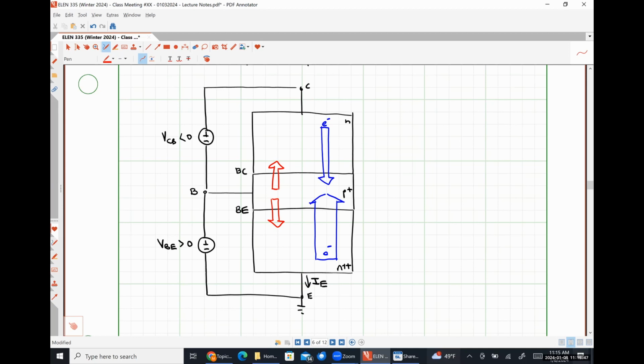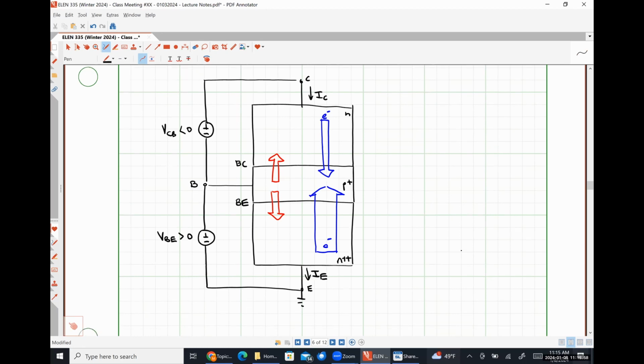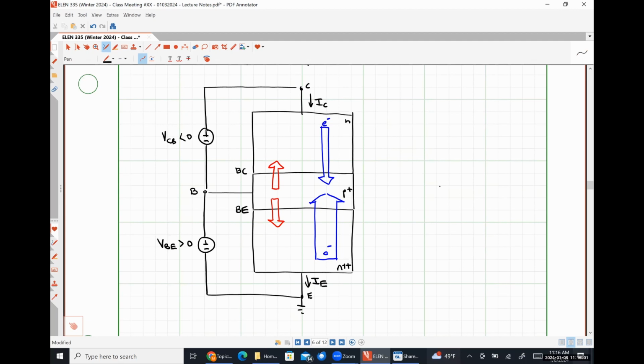So we're going to have some collector current, IC, and it will still have a net direction down. But now our collector current will have the following value. So it'll be IS times the exponential of VBE over VT, which is our normal collector current.